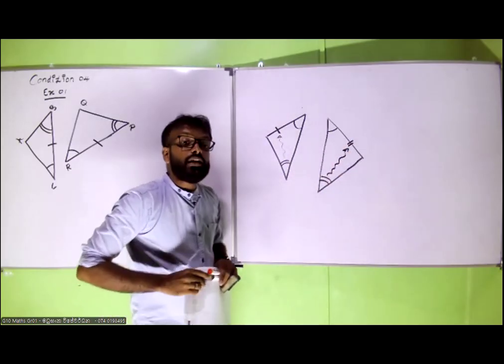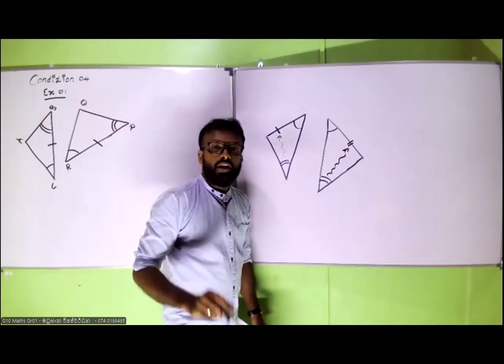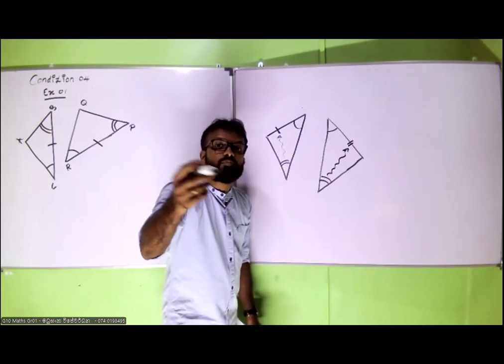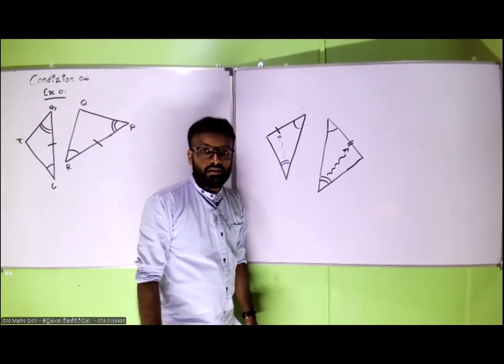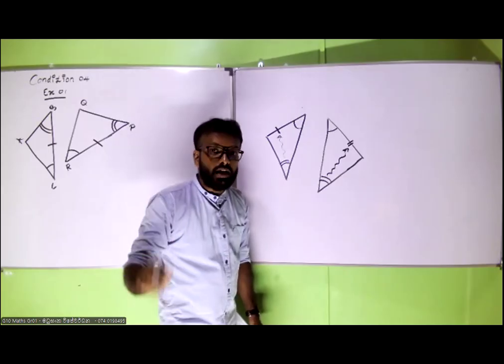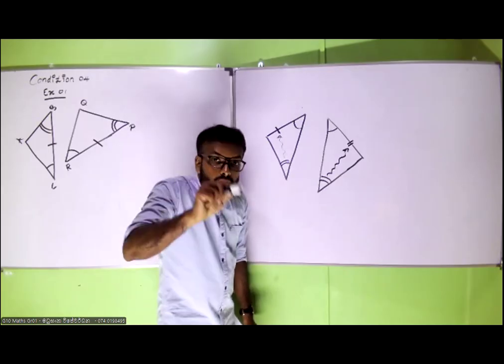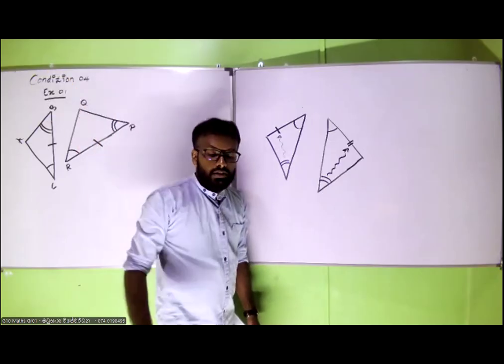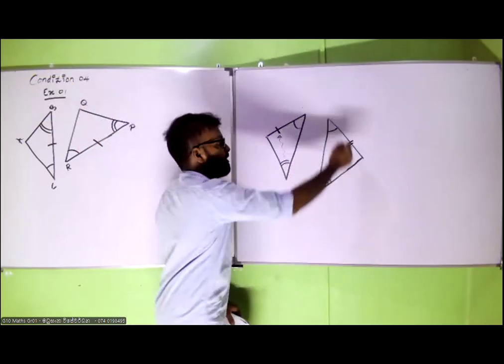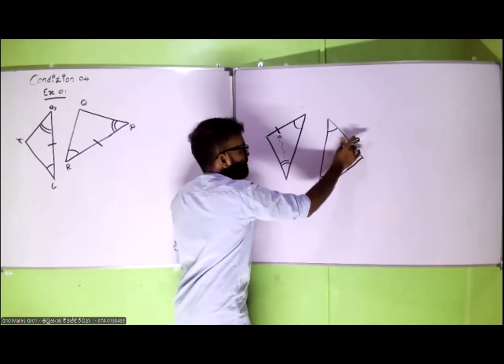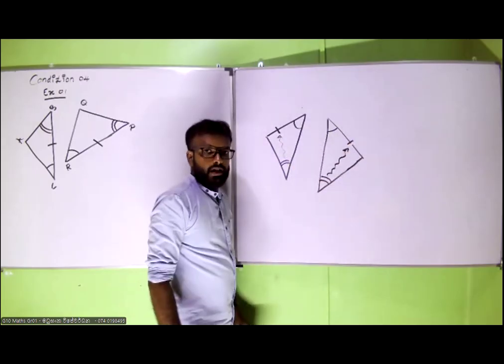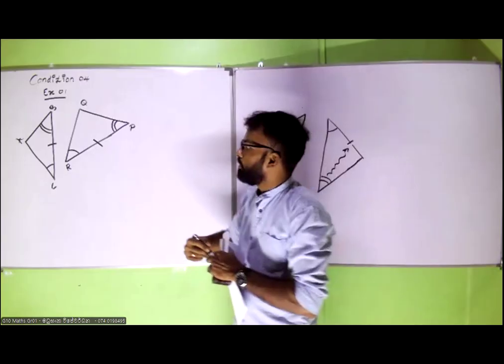That is what they have given there: the corresponding length of the side. That is the most important point. The corresponding side of the other triangle. This is equal to this. Keep that in your mind.